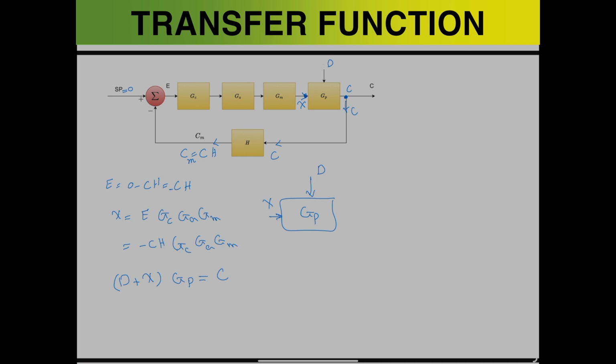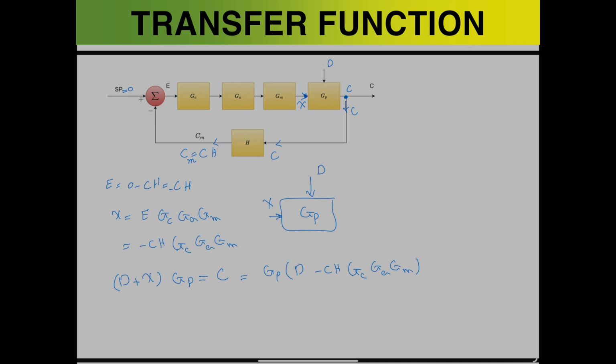Now that we know what X is, we can just simplify this as GP times D plus X, where X is going to be replaced by this value here. And since we are dealing with a negative number, we won't use plus.